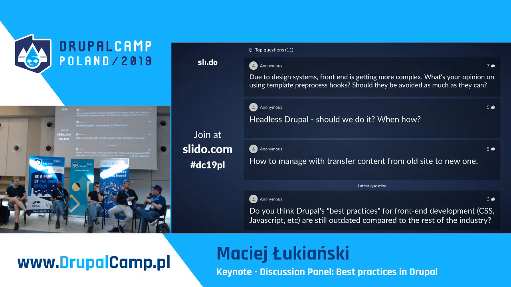I'm just reflecting on it. I think a headless solution may be best suited for, let's say, a global company that's got different sites for different countries, right? And they want to share content.